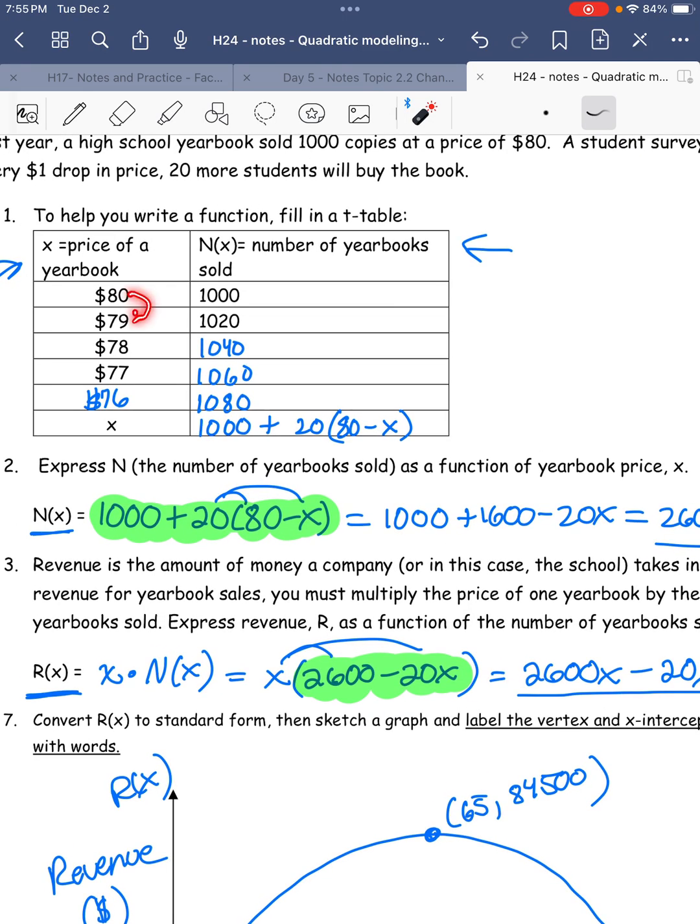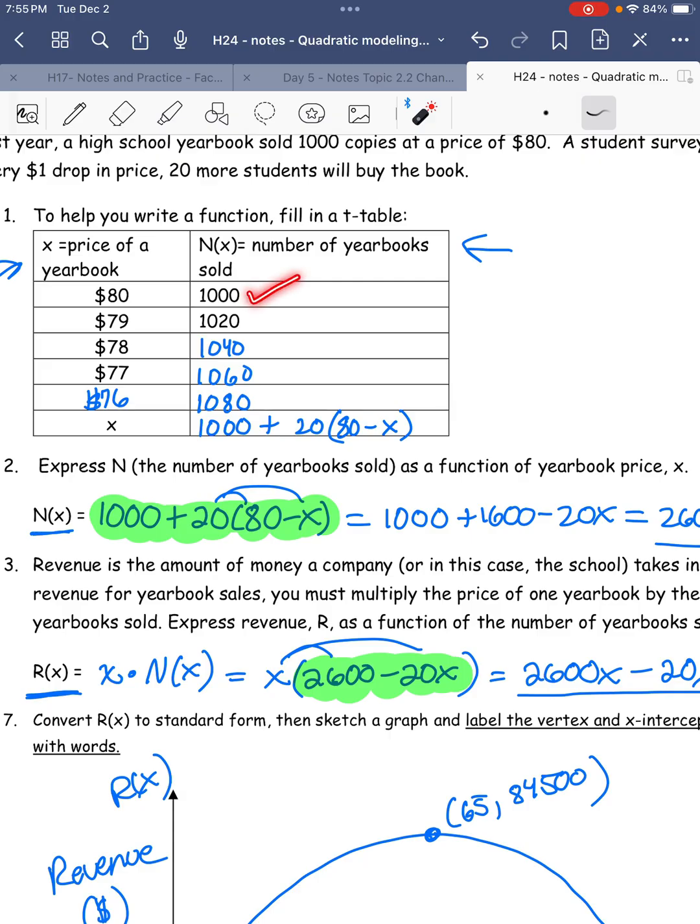So basically, let's just figure out a few. If you drop to $79, you would go up by 20 people. You drop to 78, you go up by another 20. 77, another 20. 76, you go up another 20. Okay, so what's happening is the number of things that you sell is based on your price, right?